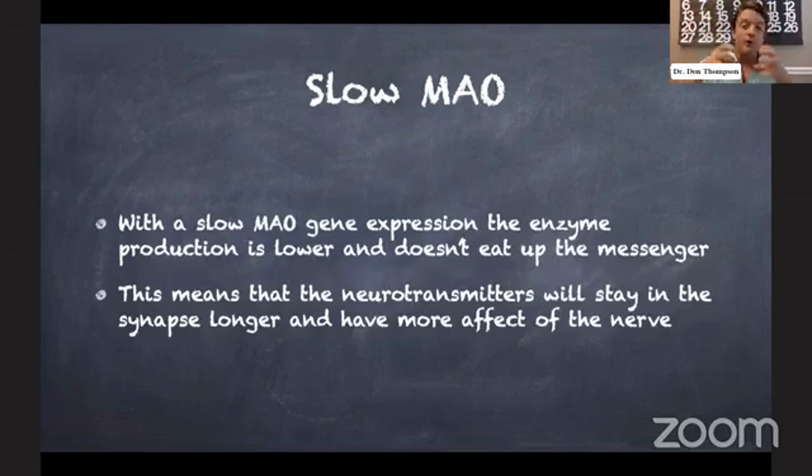So if you have 100 units of a neurotransmitter and you need 100 units to break it down, you may only have like 50 units, depending on the genetic variants. So if it's slow and you have 100 units in that gap and only 50 units, you're not breaking down the neurotransmitter properly, and it's going to have a longer effect in that gap.